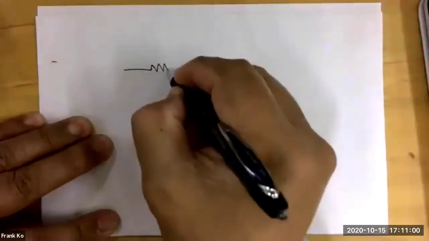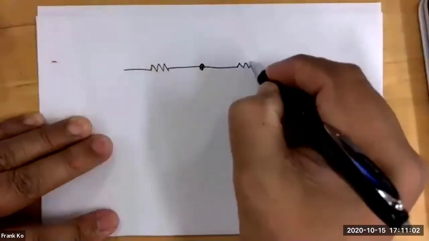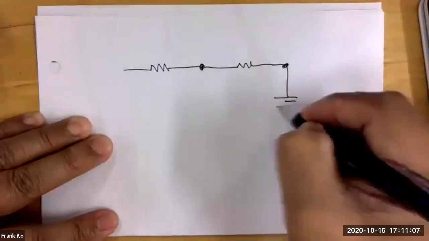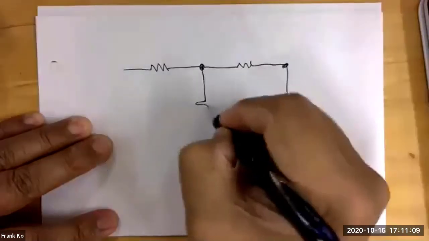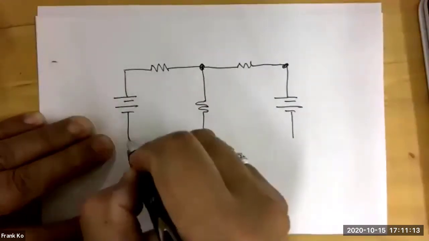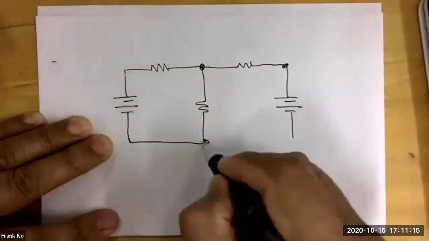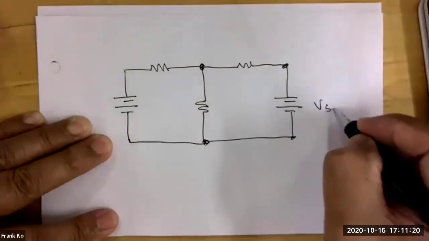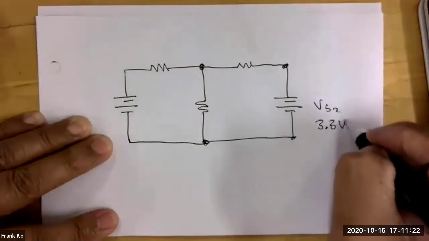Here, here, here, here. This guy is here. We have one fellow here. We have one fellow here. Like so, and like so. So this is VS2, 3.3 volts.